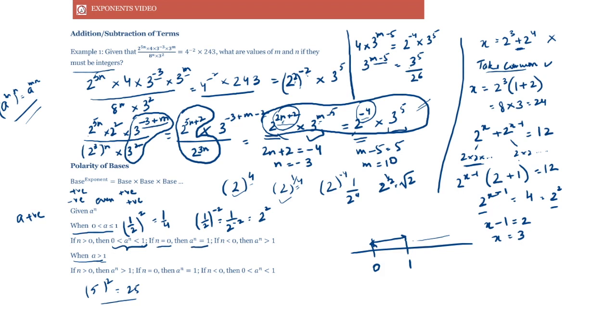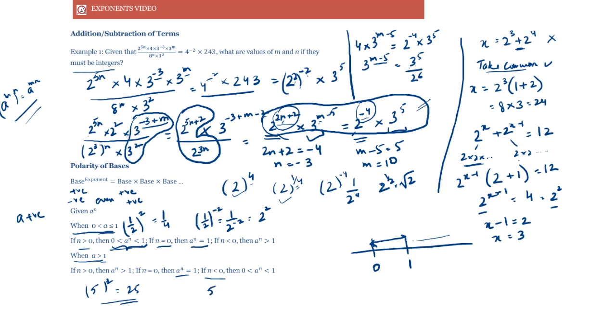Initially, A is greater than 1. When n is positive, it stays greater than 1. Here, it was between 0 and 1. When n is positive, it stayed between 0 and 1. If n is 0, of course, then A to the power n goes to 1. We know that.